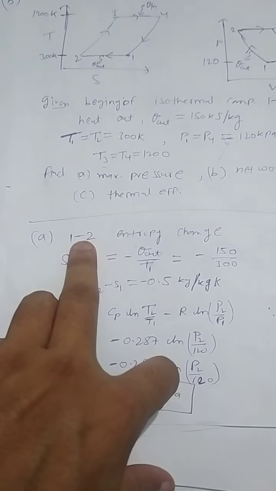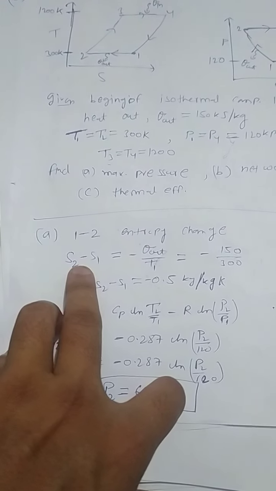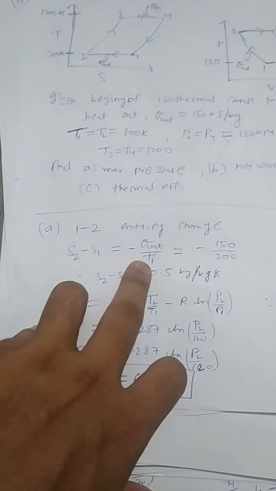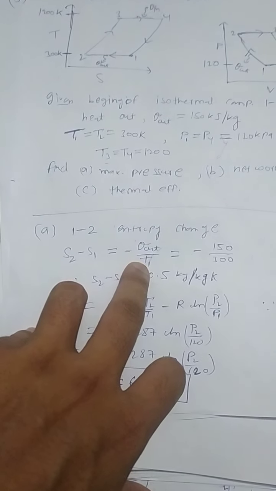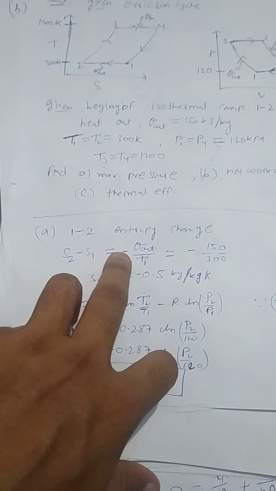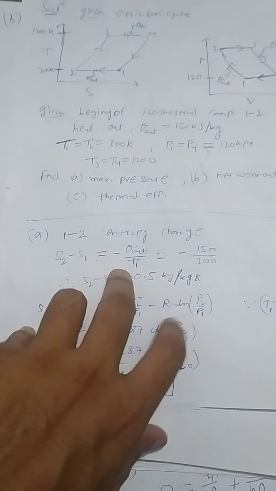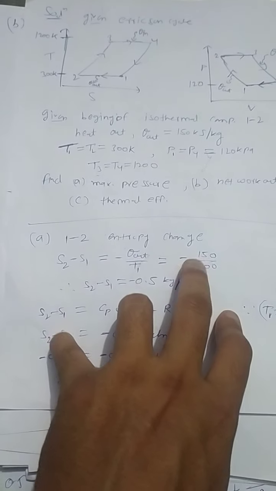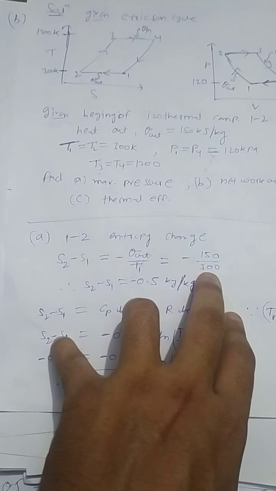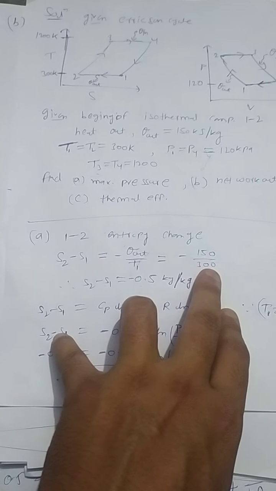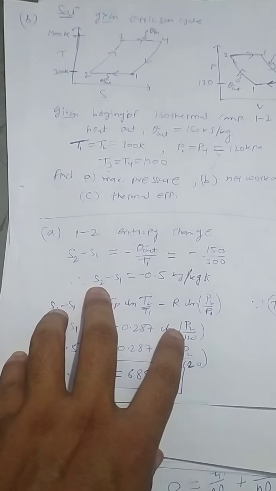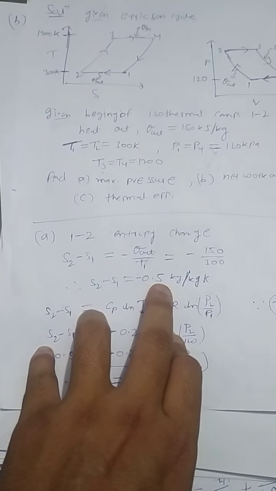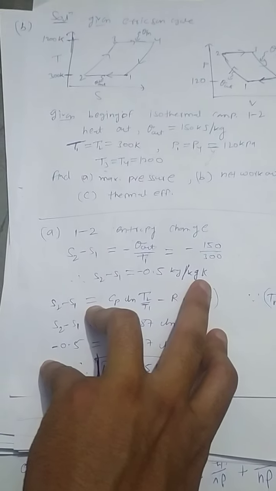So the entropy change for isothermal compression would be S2 minus S1, equal to Q over T1, because it is at constant temperature, and the negative sign is there because of heat rejection. Putting in the given data, 150 heat rejection and 300 Kelvin temperature at 1, we get the entropy change from 1 to 2 as minus 0.5 kilojoule per kg Kelvin.